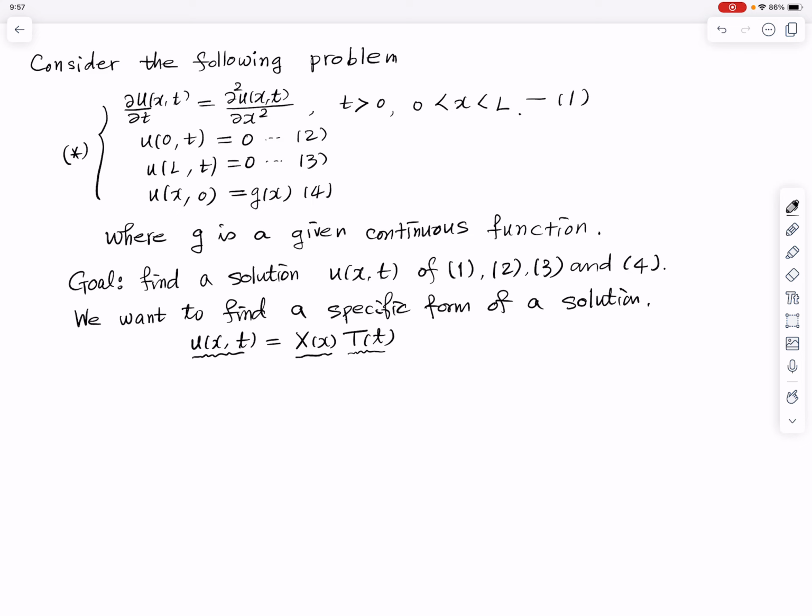I don't know whether this is a solution or not. Then I want to plug this into star.